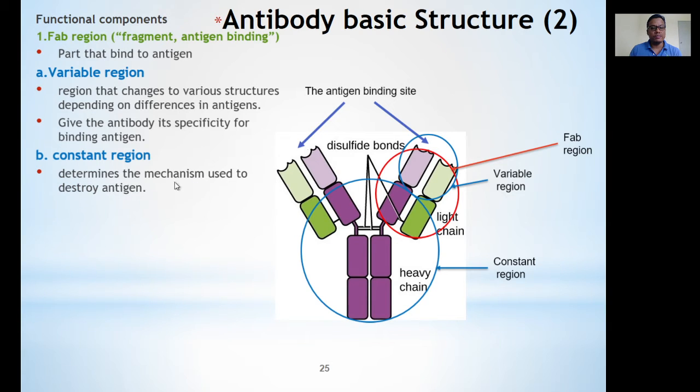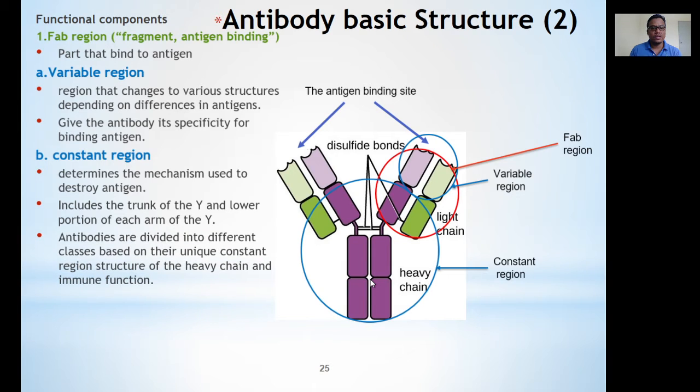The constant region determines the mechanism, or the way the immune system will destroy the bound antigen. It includes the trunk here and the lower portion of each arm of the Y. So the dark green and also the darker part of the purple are included in the constant region.